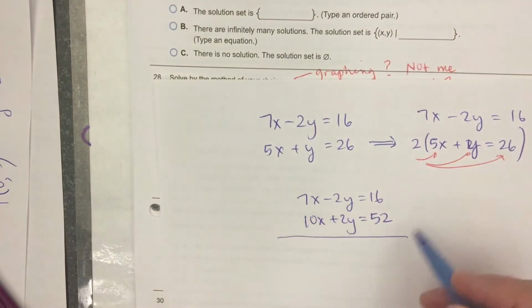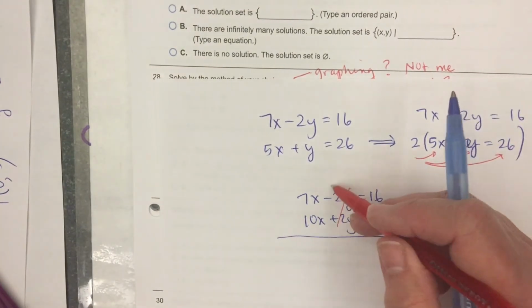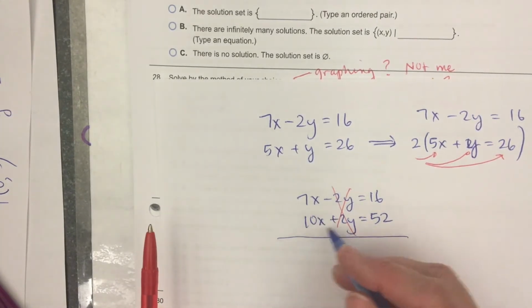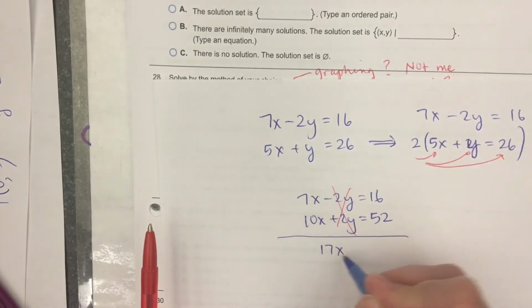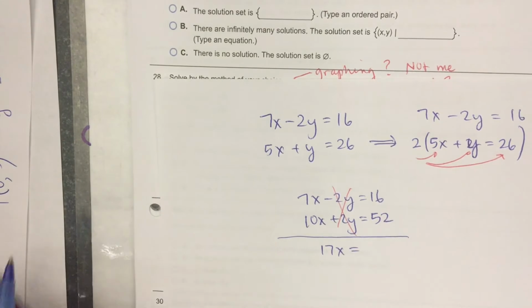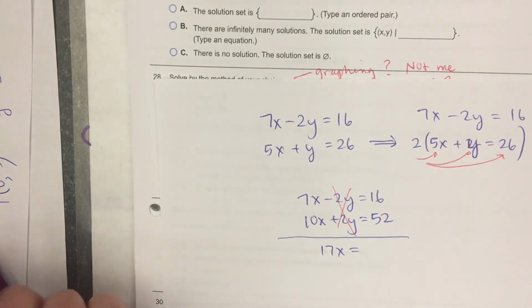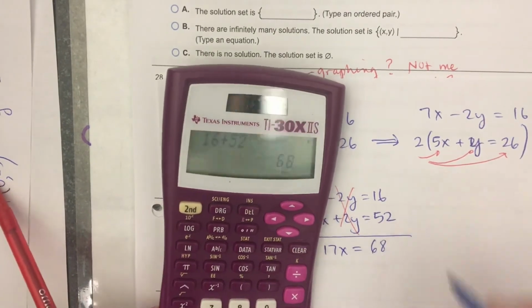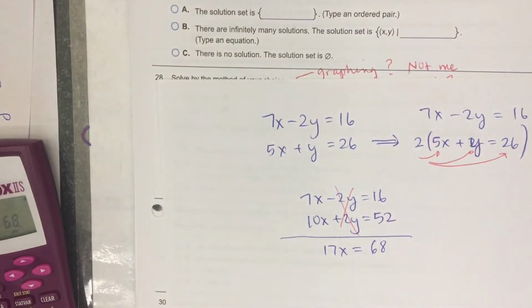Then I can add them together. The two y's cancel. 7x plus 10x is 17x. And 16 plus 52, I'm going to use my calculator for that because I'm feeling kind of lazy. Right there. 68. 17x equals 68.